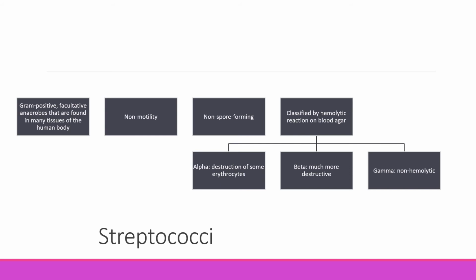Group B streptococci are normally found in the vagina, but they can transfer to the infant during vaginal delivery, so that is typically monitored. And we diagnose these strep infections similarly to other bacterial diseases, through culture and serology.